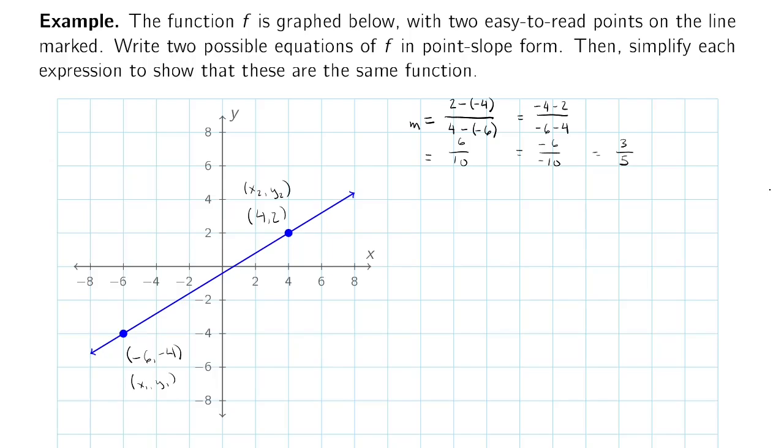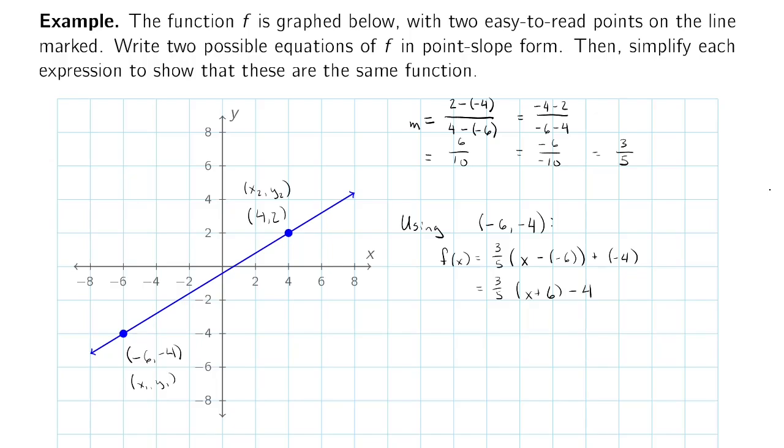Okay, so now we want to write our function in point-slope form. And for that, we need to choose a point. We can choose either one of our points, and we'll get 2 different equations. If we use the point -6, -4, we'll get the function f of x equals 3/5 x minus -6 plus -4, or 3/5 x plus 6 minus 4.